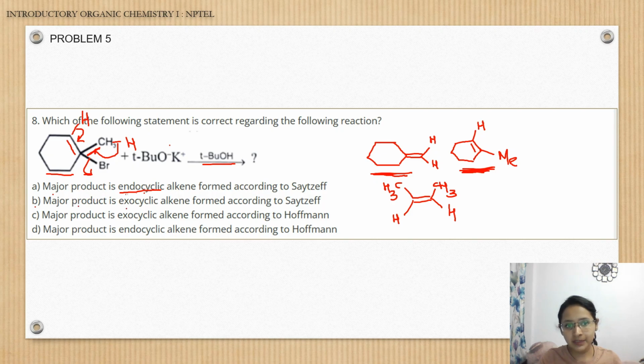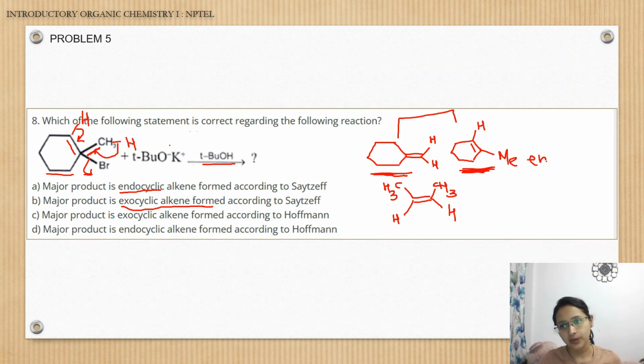Option B is saying the exocyclic alkene is forming according to Zaitsev's rule. Is it right? No, because here the exocyclic alkene is less substituted, but Zaitsev's rule says that if you have competition between the formation of these two, the more substituted one will be favored. That is, the endocyclic product will be favored.